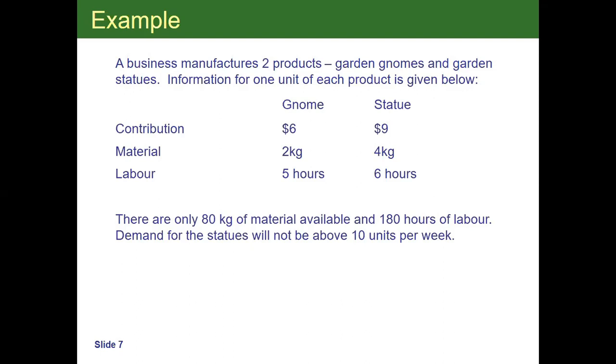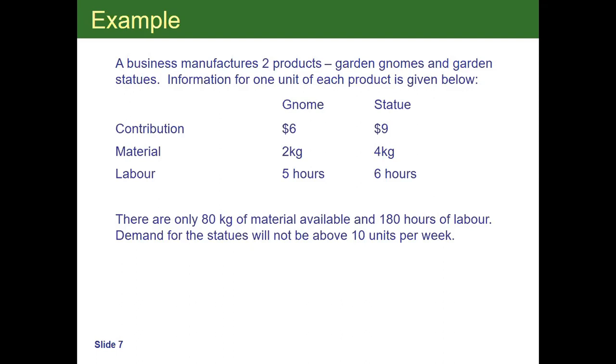So you see that statues, it is giving you more contribution, but it is also using more material and also using more labor. There are only 80 kilogram of material available and 180 hours of labor. Demand for the statues will not be above 10 units per week.